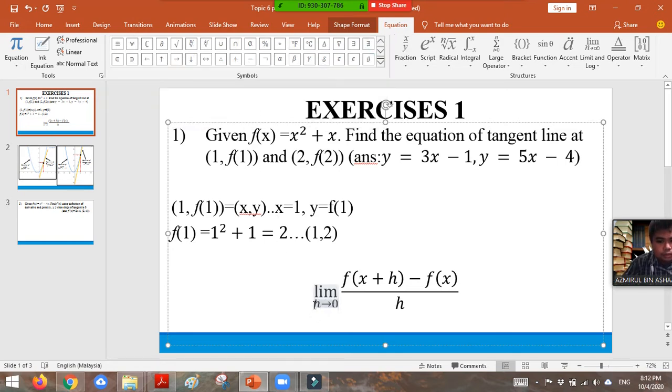What is the meaning here? H approaching 0 means that h is nearest to 0, the value of h is nearest to 0, menghampiri 0.